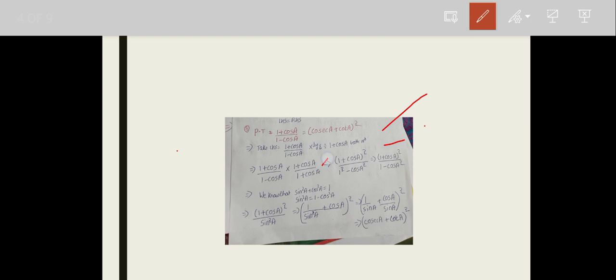So we get (1 plus cos A) squared over (1 minus cos A)(1 plus cos A), which we can write as 1 square minus cos square A.